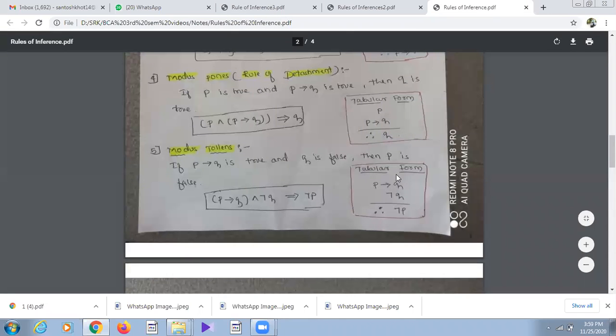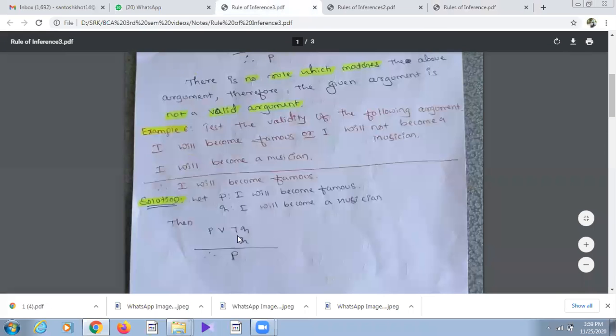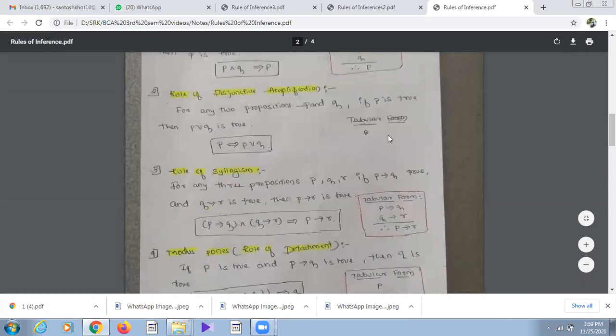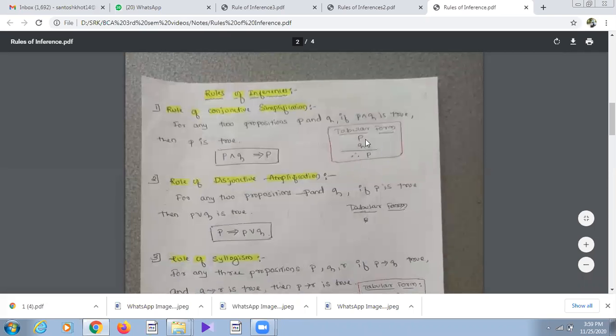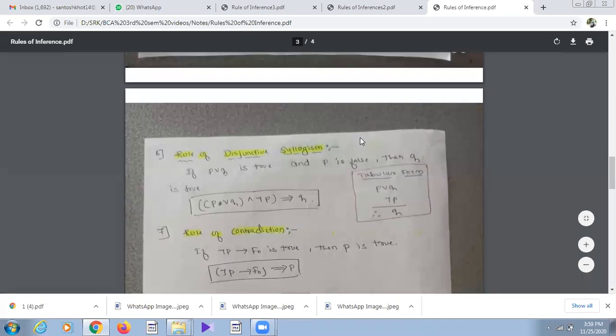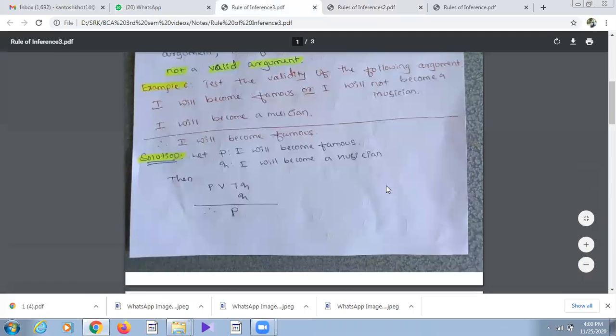Next, in all of these rules we have the conditional, but in this problem we do not have a conditional symbol in the tabular form, so no need to check those rules. Next, a single primary sentence is there, so that is not possible. So here it is not applying any rule out of the 7 rules.